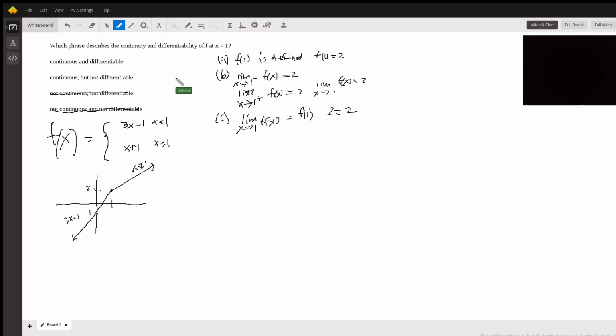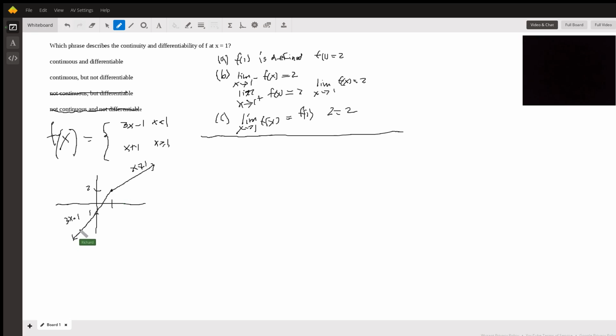Now for differentiability, there's another good intuitive way of looking at a graph and trying to figure out whether something is differentiable. Basically, you just want to think about the slope of the tangent line here. Because this is a straight line, the tangent line is the line itself, and it has a slope of 3.